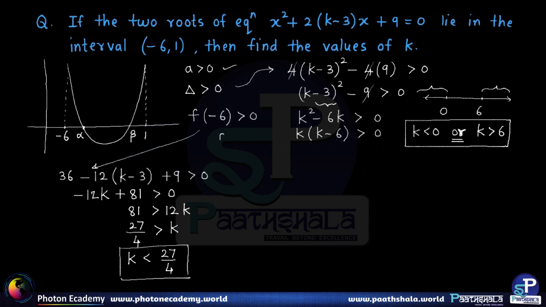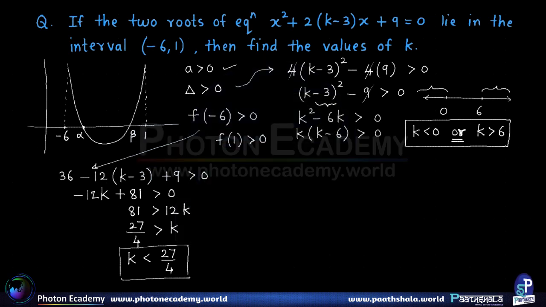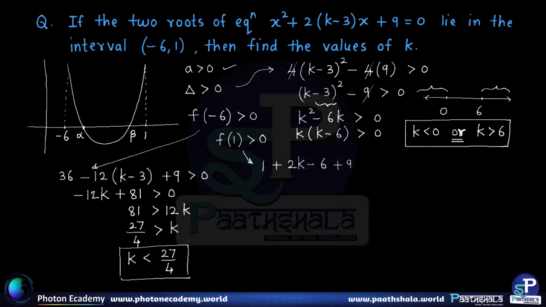So here is another restriction on k. Now the next condition is f of 1 also should be positive, as we have seen. So let's evaluate that and see what we get. We have x square, which is 1, plus 2 into k minus 3, so that gives us 2k minus 6, plus 9 should be positive. So that means 2k, 1 plus 9 is 10, minus 6 is 4, should be positive.